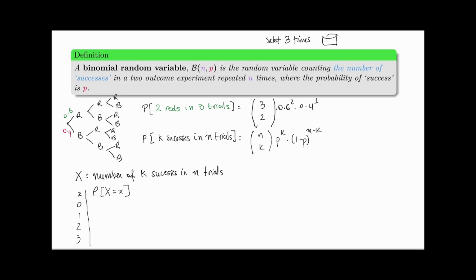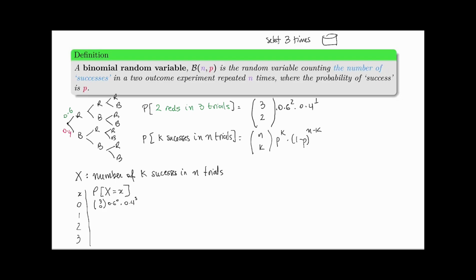What's the probability that the number of successes is 0? So k is 0. That's the probability of 0 reds in 3 trials. So the first line here will be 3 choose 0 to be reds, the probability of reds appearing 0 times, times the probability of the blue appearing 3 times.